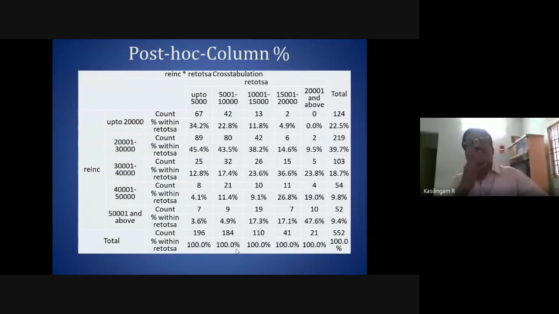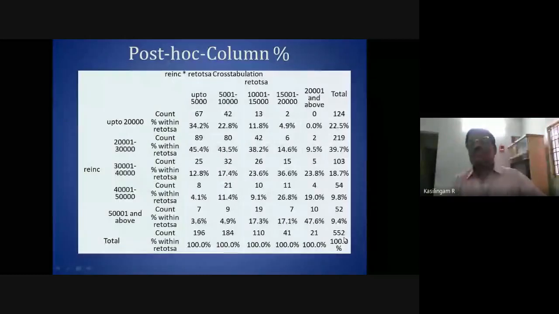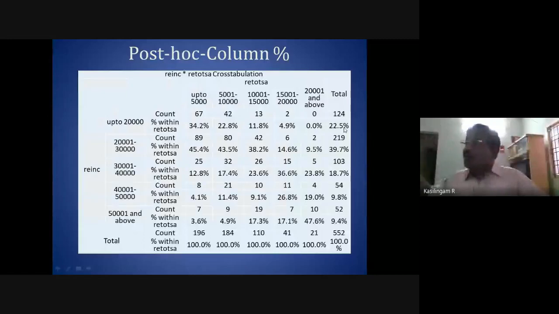Totally 124 people are there out of 552 people. Out of these 552 people, this income category has 124 people, which means 22.5%. So in the overall total, this income category people are 22%.